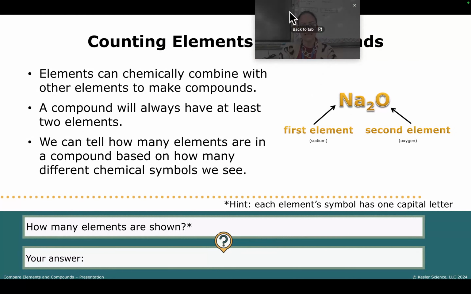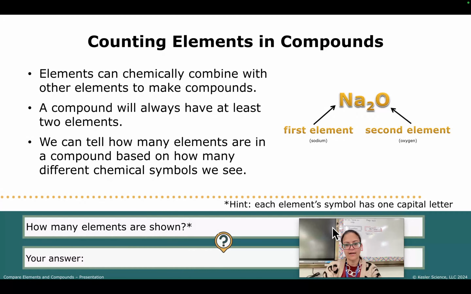So, counting elements. Elements can chemically combine with other elements to make compounds. A compound will always have at least two elements. And we can tell how many elements are in a compound based on how many different chemical symbols we see. The easiest way to do that is to count your capital letters.